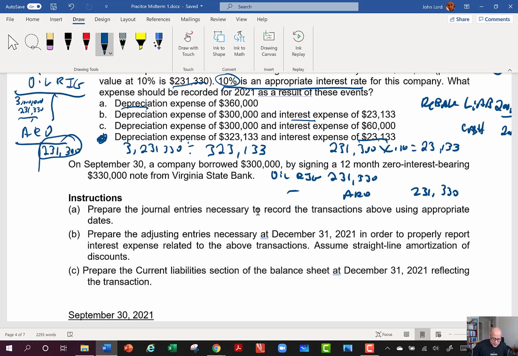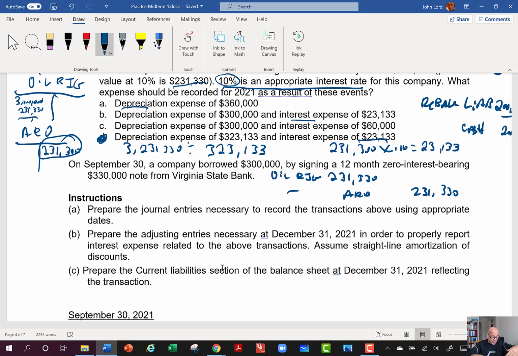So let's just go ahead and take a look at these. The two areas potentially I will give you the full-blown problem on are notes payable or non-monetary transactions. I gave you an example of each. It could be either. I'm not going to give you a full-blown problem on any other subject matter.